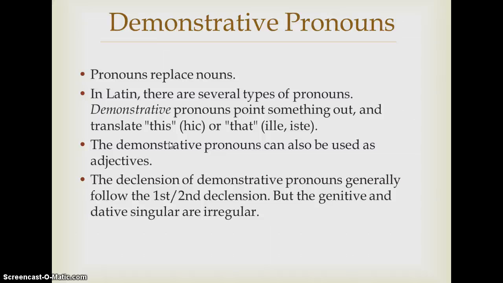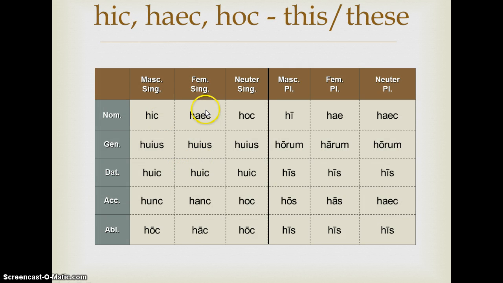However, the genitive singular and the dative singular are going to be irregular, so those are what we want to pay attention to. Okay, so here's our first pronoun, hic, haec, hoc, which means this in the singular or these in the plural. You will notice that the nominative for hic, haec, hoc is pretty weird, admittedly. But after we get through that, we start seeing some familiar patterns, okay?